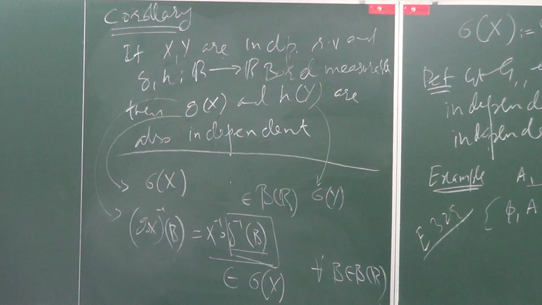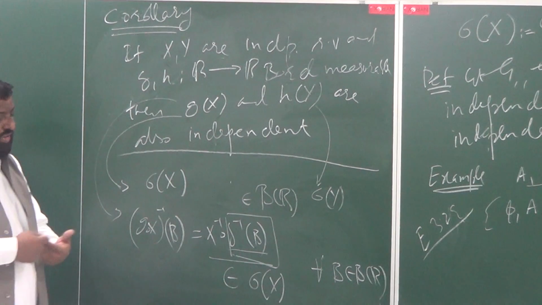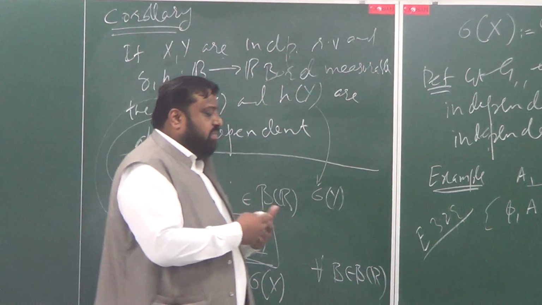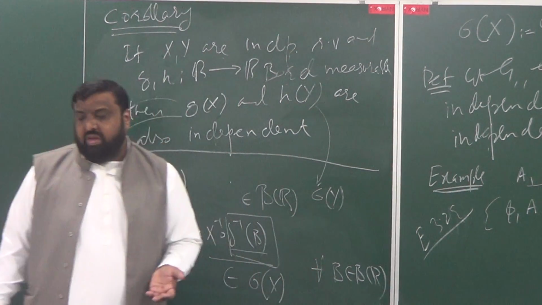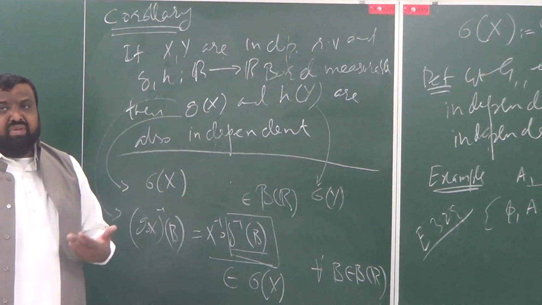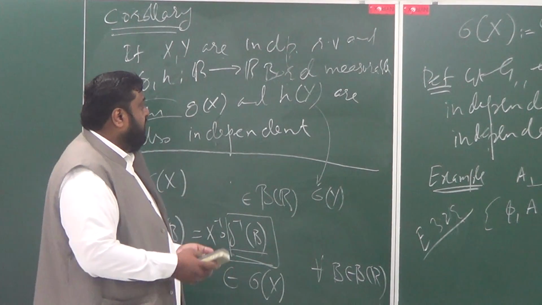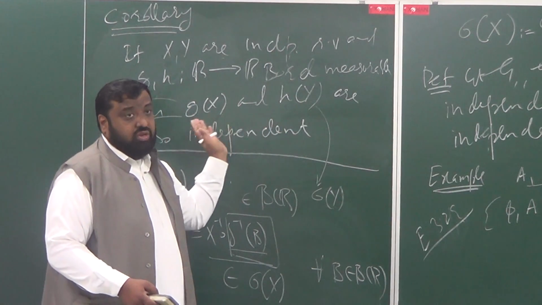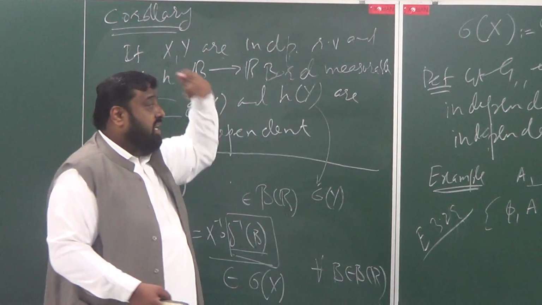And hence what this shows is that these two variables, if you take a random variable and compose it with a Borel map, the compositions are also going to be independent.